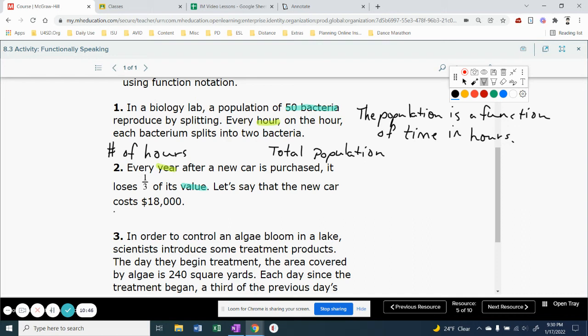The value is a function of time in years. A lot of the time when time is involved in our problem, that will be your independent variable. So you really want to think about that, use that as a clue for how you view the rest of these functions.